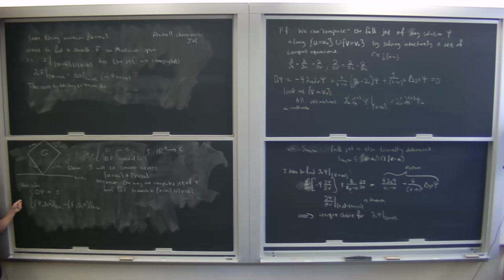Now I can do this. This is a regular initial value problem. I can put data here. I didn't put the inhomogeneity before, but you learned how to solve this in your PDE class. Of course, you might complain, like Avia just did, that this is not smooth up here, but that's fine.